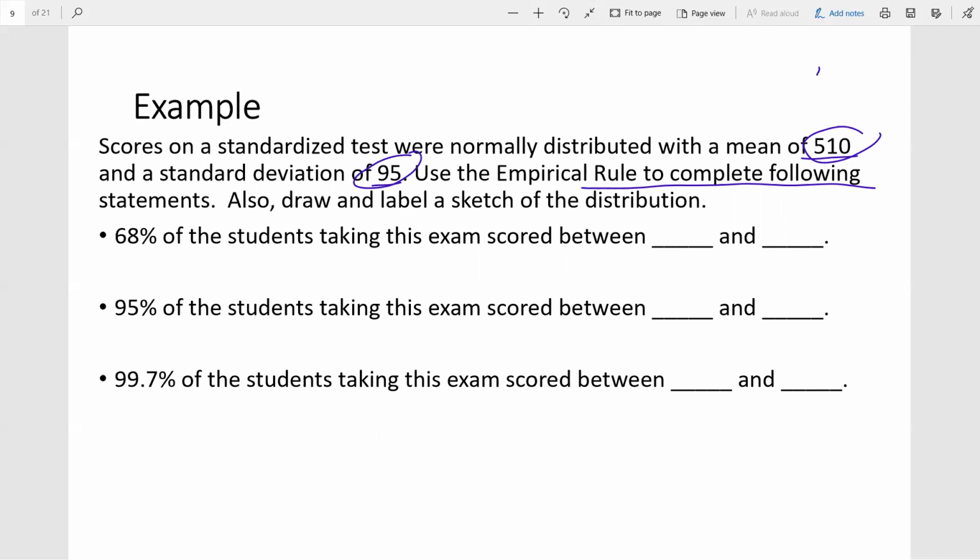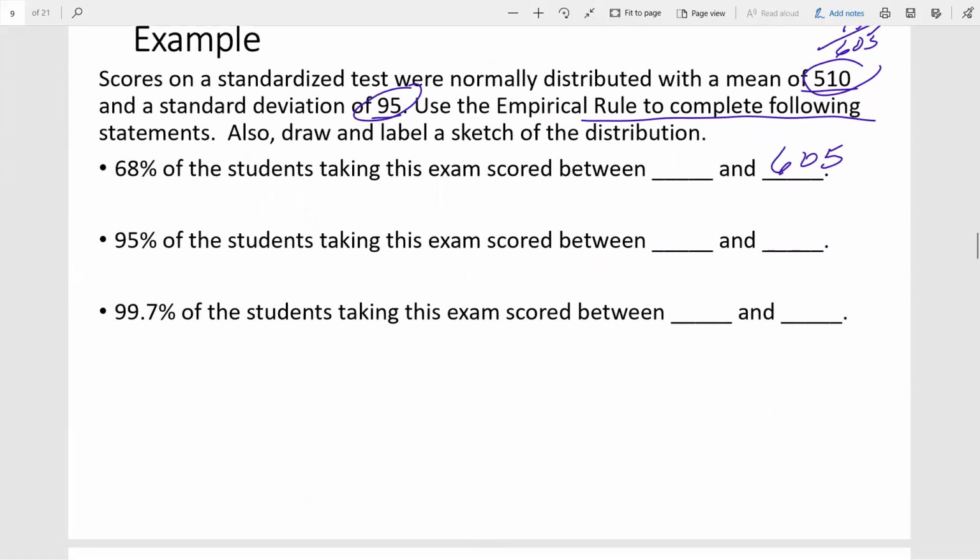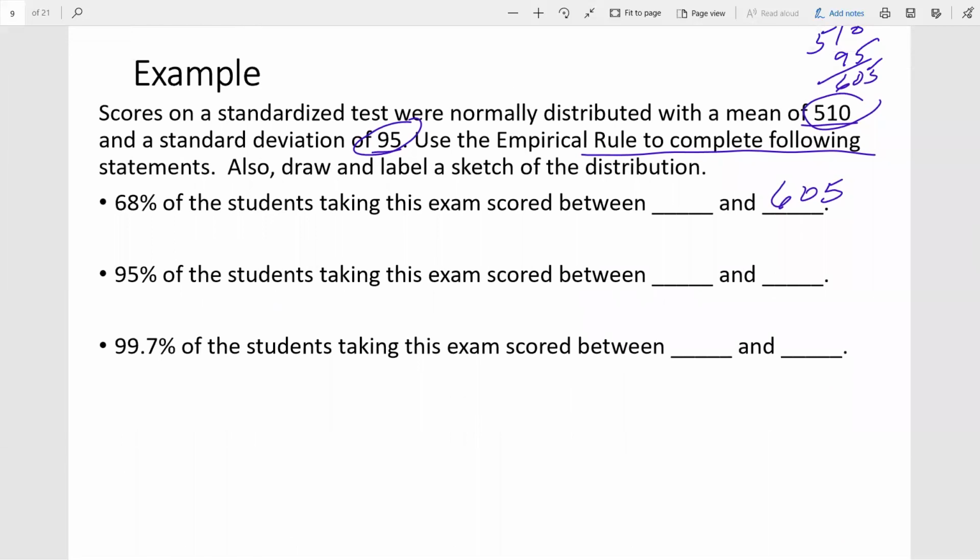So we add 510 and 95 and get 605 for the top range for the 68% rule. And then we subtract 95 from 510.